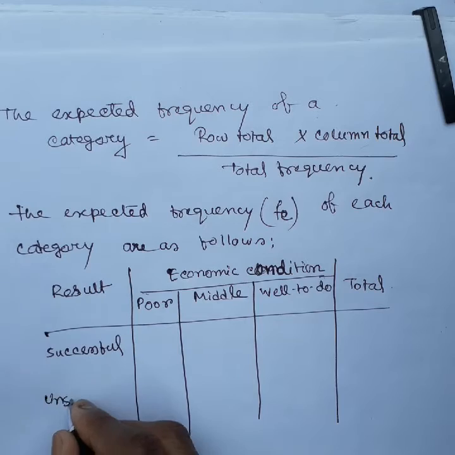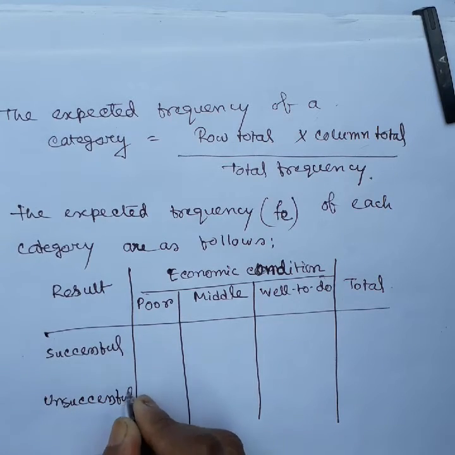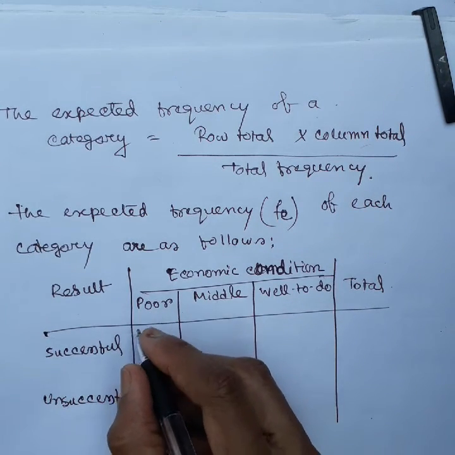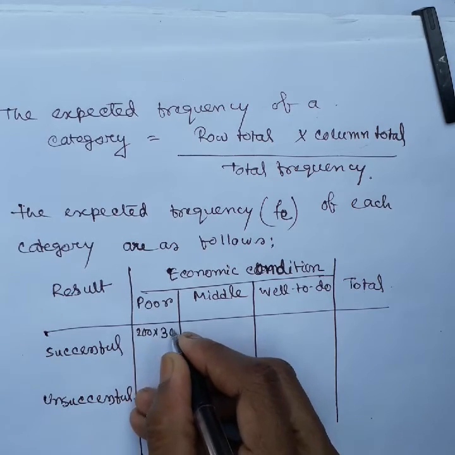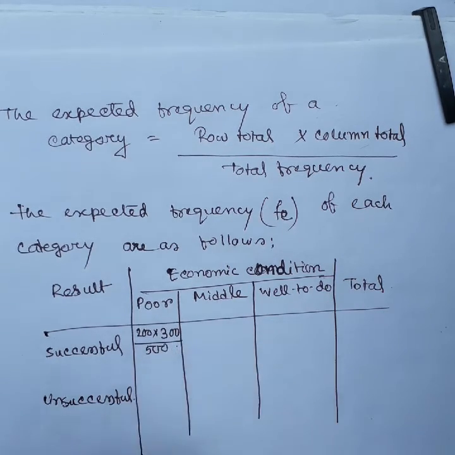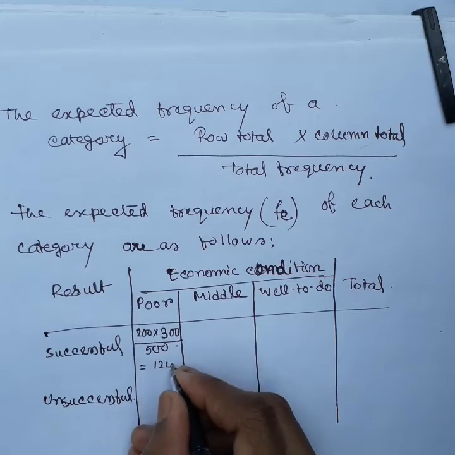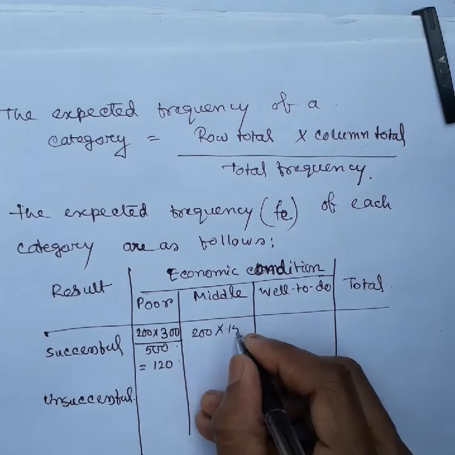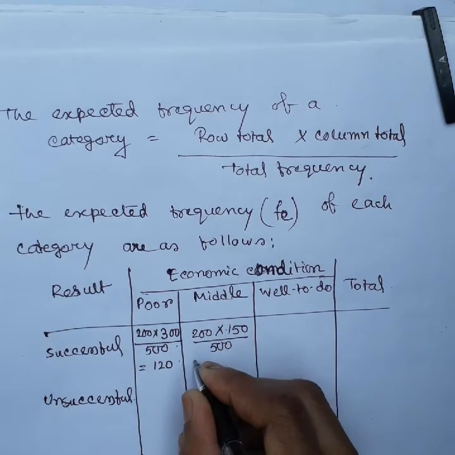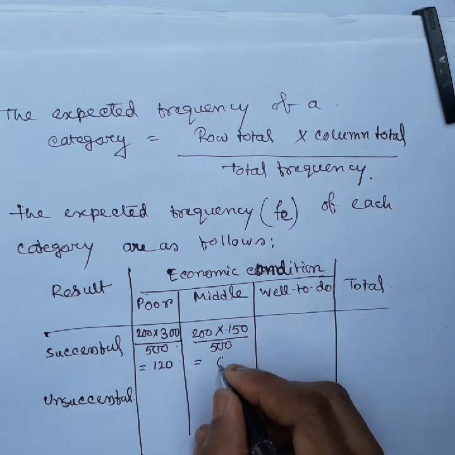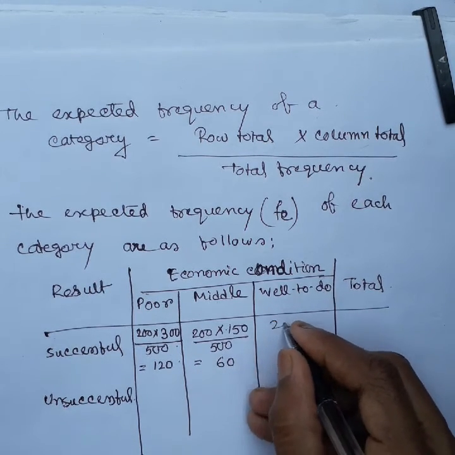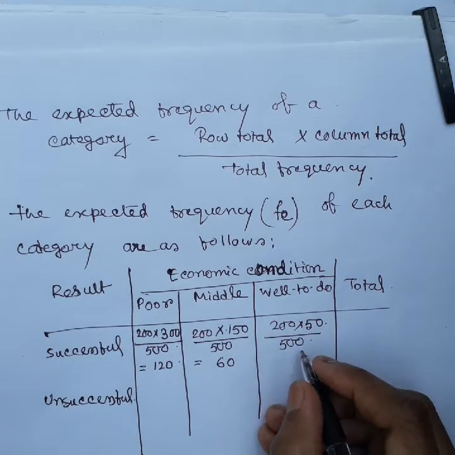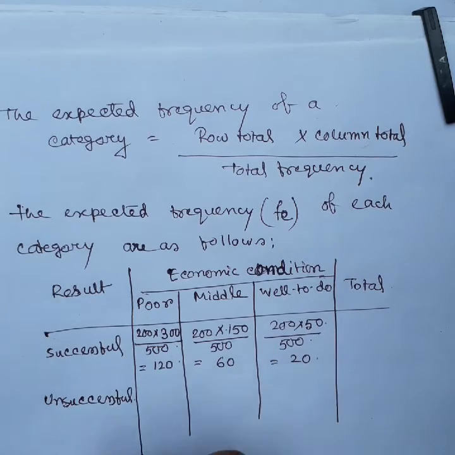Successful, unsuccessful. So here first one is 200 into 300 by 500, that is equal to 120. This is 200 into 150 by 500, that is equal to 60, and this is 200 into 50 by 500, that is equal to 20.